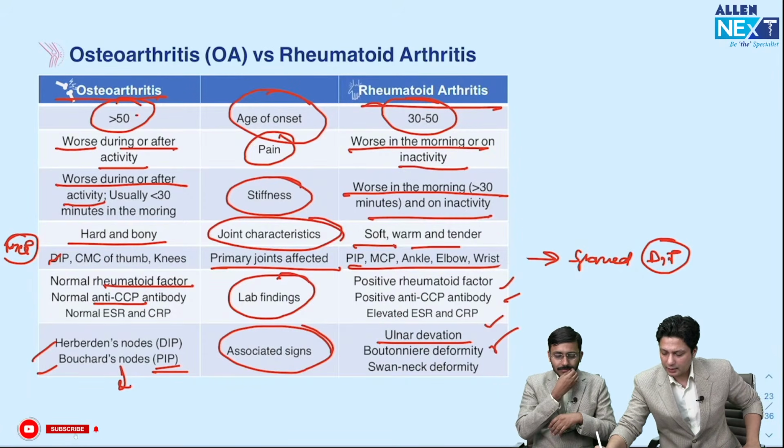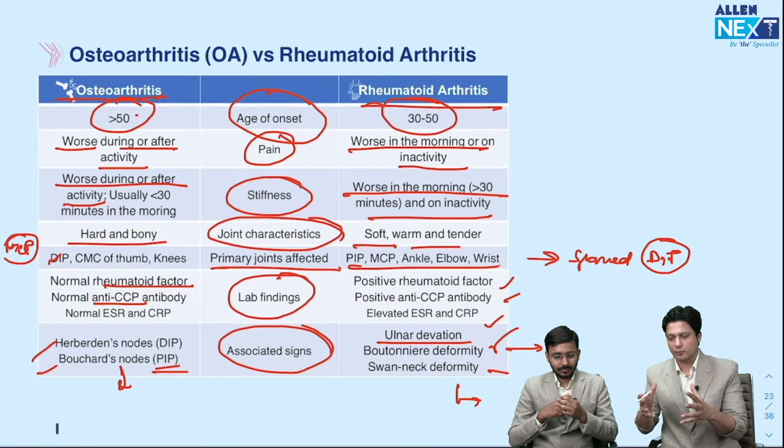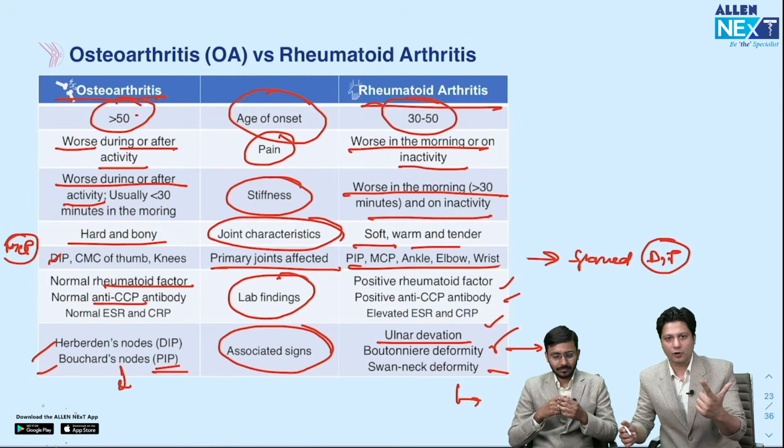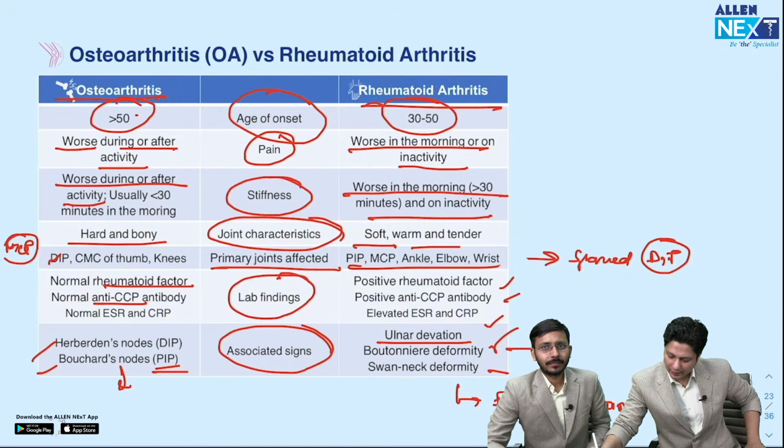Boutonniere deformity, how to identify a swan neck? One thing that has to be ascertained is that swan neck deformity is the extension of the proximal interphalangeal joint. All right. While boutonniere deformity is the flexion of the proximal interphalangeal joint.